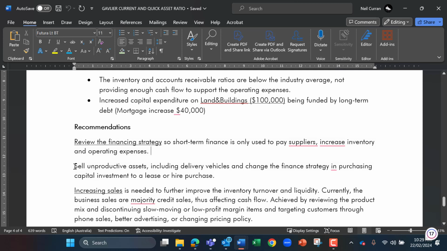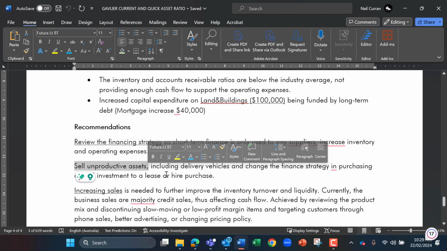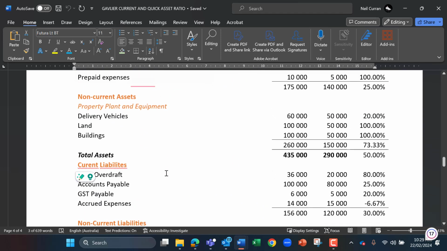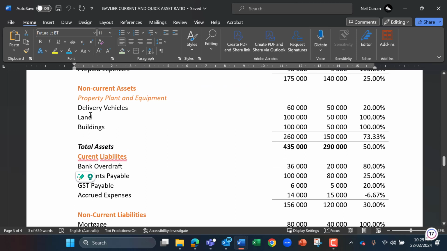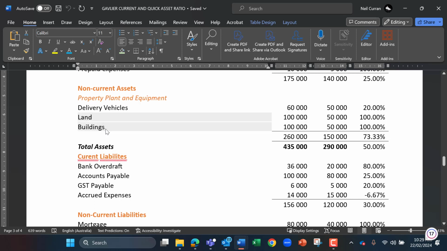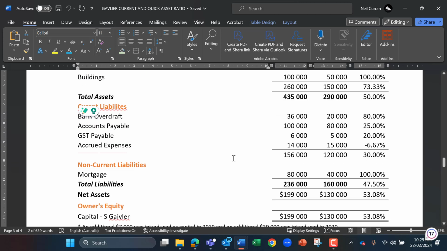Now the next recommendation is to sell unproductive assets. So look at your statement of financial position, and we have three main assets: our vehicles, our land, and our buildings. We can assume that these are being used by the business in terms of a place in which they are actually operating on. So they own the land and the buildings that their business is on. We need to look at whether these delivery vehicles are productive or not.